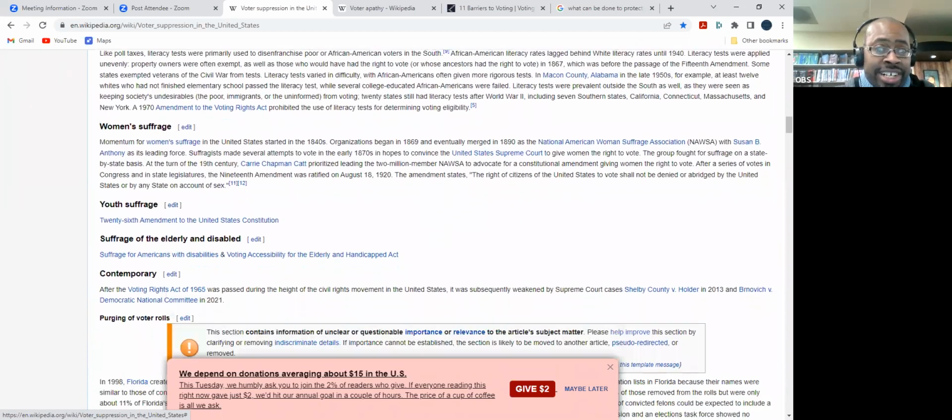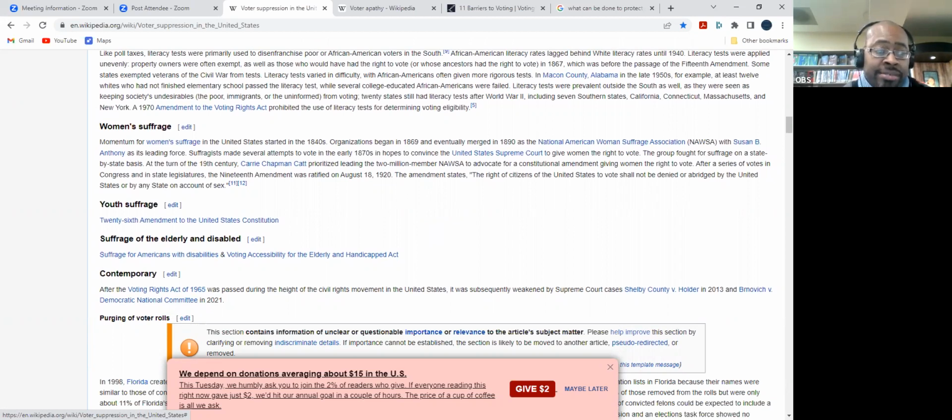So even though African Americans were given the right to vote, it was only African American men. So no matter what race or color or ethnicity you were, women, after the Civil War and during Reconstruction, were still not able to vote.